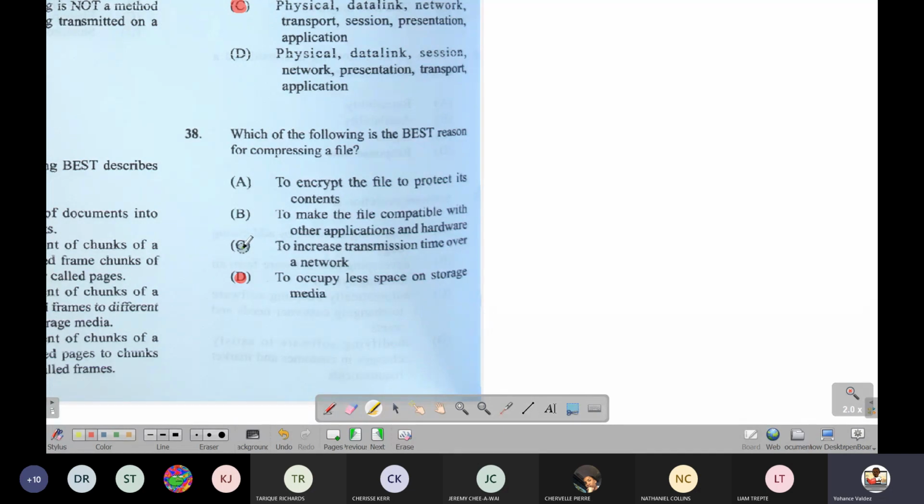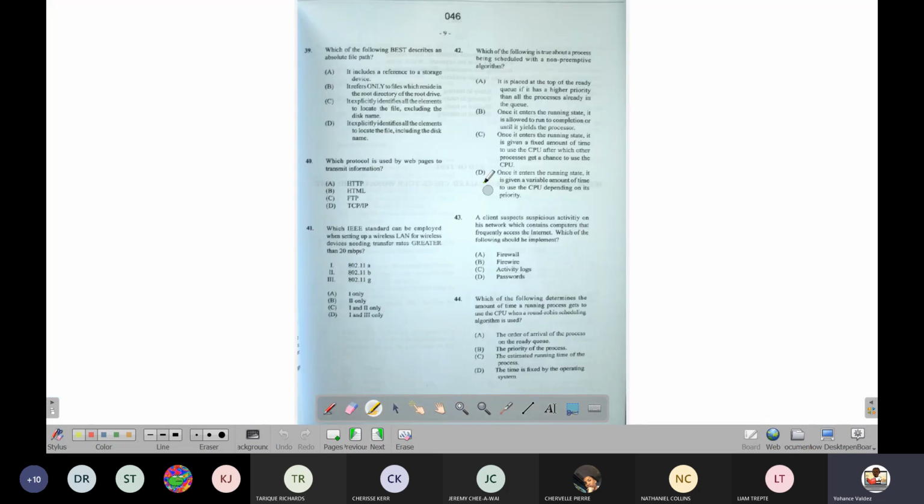So this answer C is a trip-up answer, because we just saw something like that in terms of transmitting and compression being probably an answer there, right? But the answer here would have been to decrease transmission time, not to increase. So look out for these tricky questions.